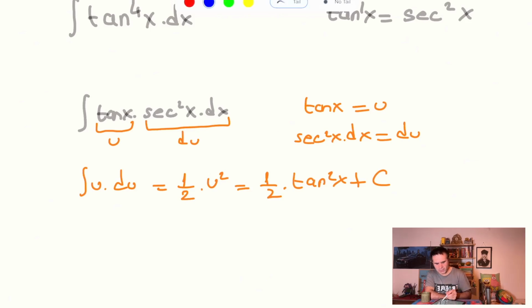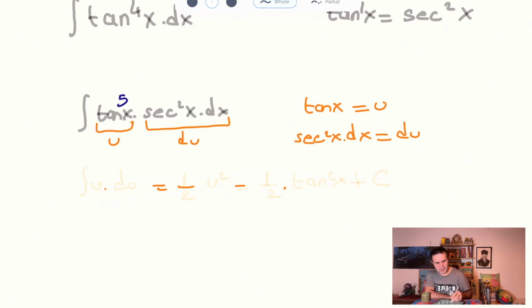And if we have any power of tangent x, for example, tangent to the power of 5 x, you will use again the same identity.